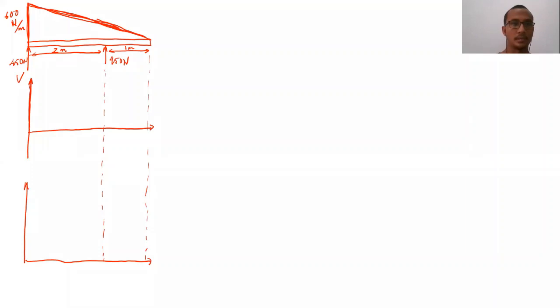As you can see here, this is our new free body diagram. The distributed force is still there. And there are two external reaction forces, 450 Newton, and another 450 Newton, 1 meter from the right.